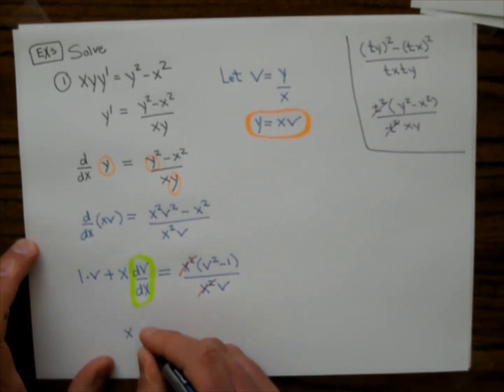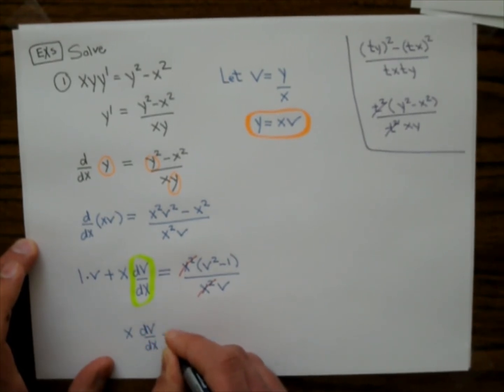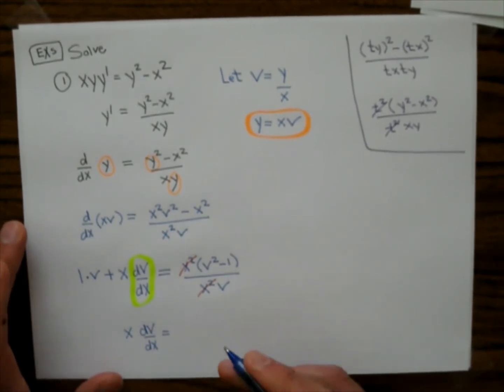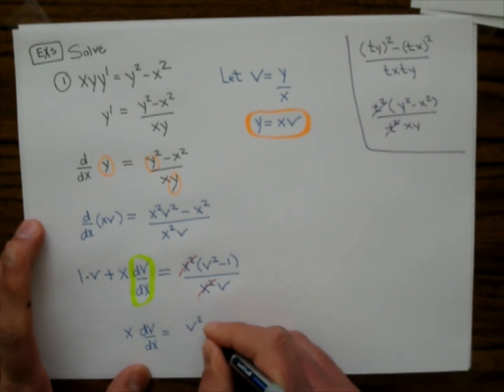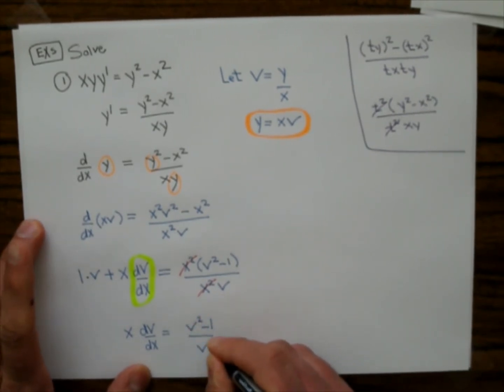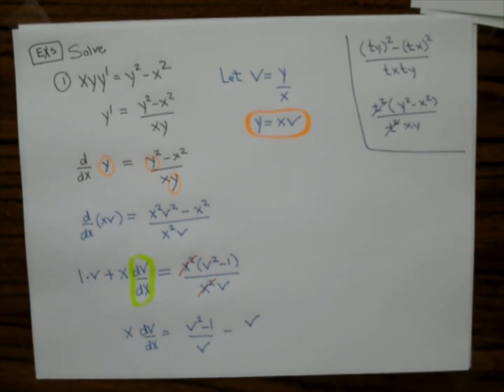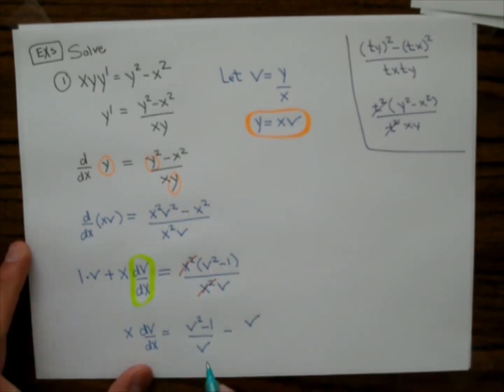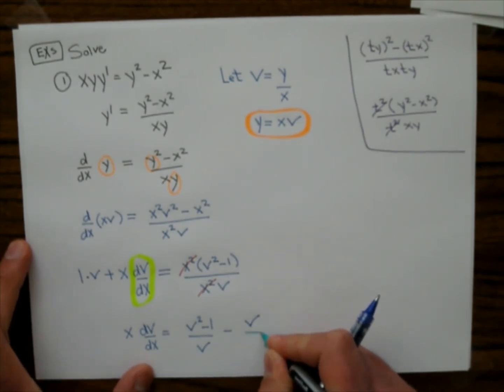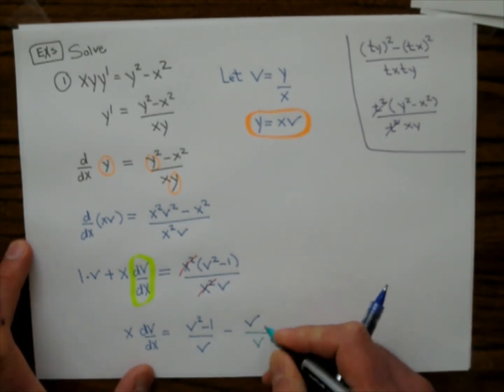So I have x dv dx equals (v squared minus 1) over v minus v. Okay, so I want to get a common denominator over there, and the common denominator is v.